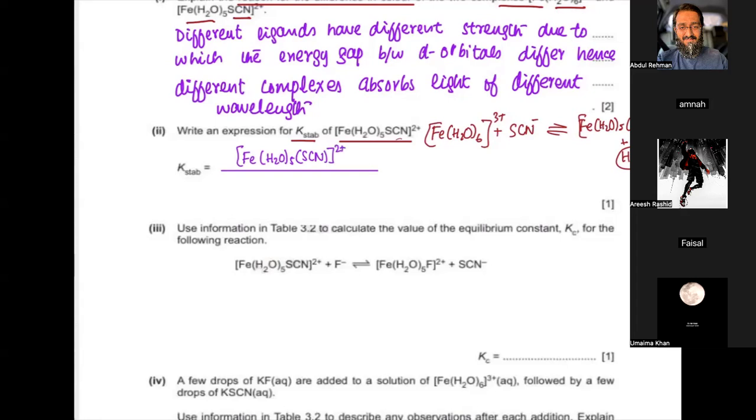And in the numerator, it is 5H2O, 3 positive. Okay, put it in another square bracket because the first square bracket is of a complex, so the second square bracket is of a concentration. For SCN, you can put just concentration.